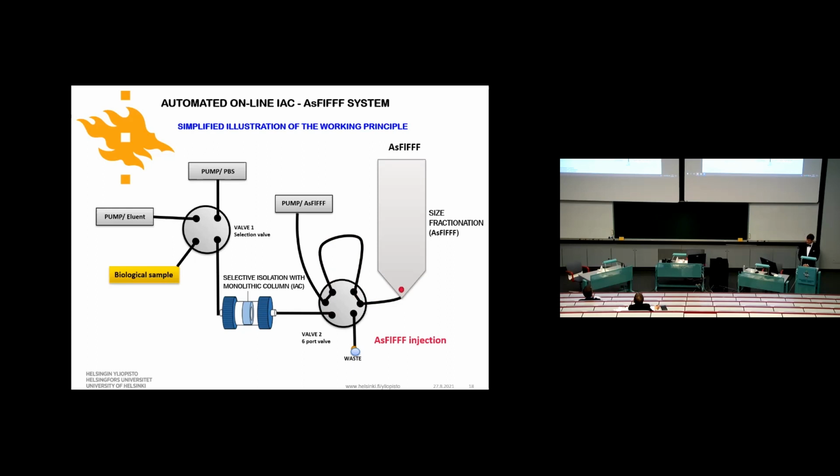Then, at the same time, when the FFF starts doing the fractionation based on size, we can prep the monolithic column for the next round of isolation, and thus run the isolations and fractionations in sequence.